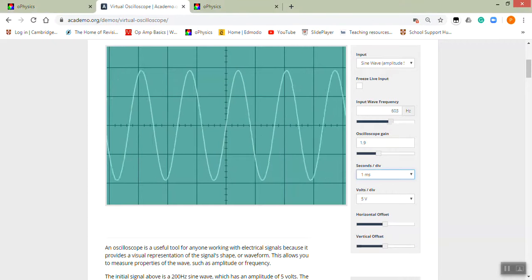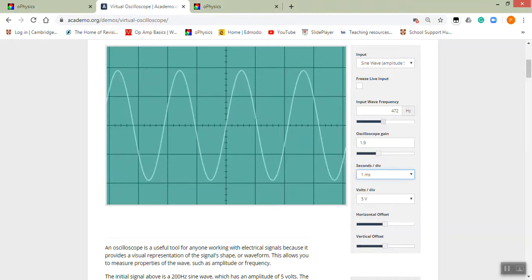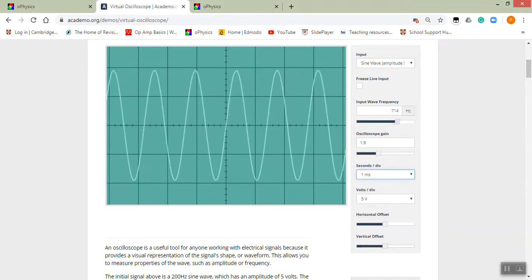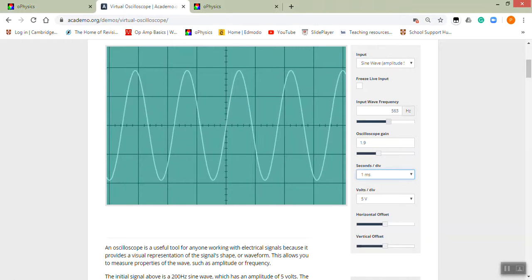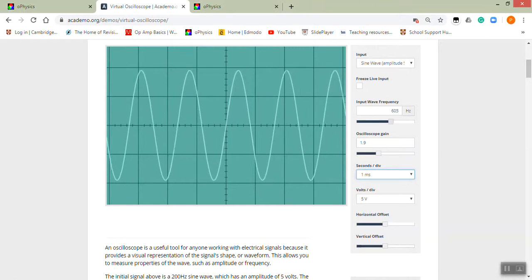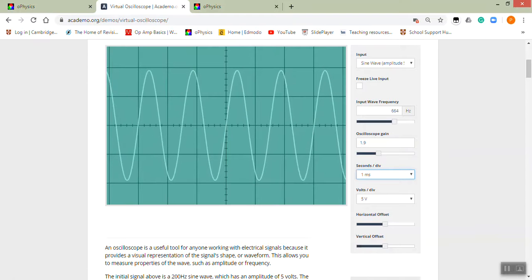Now if we go back to our cathode ray oscilloscope, we will see here that the frequency might differ. So what you would do is try and find a point. Let's say, for example, we can't read exactly where the first wavelength is. You'll take the total amount of wavelengths that you can read to a defined point. Here I can see that the second wavelength is at a defined point.